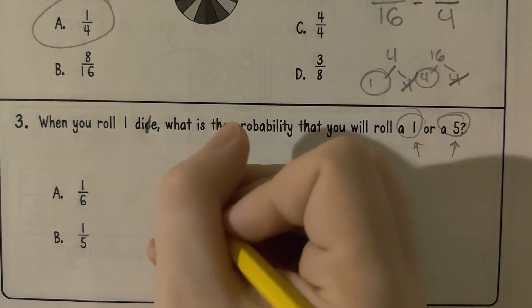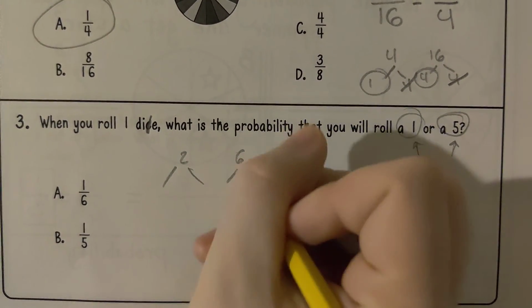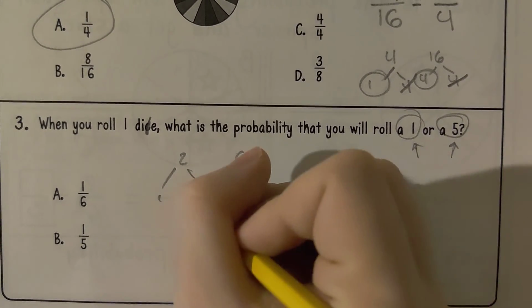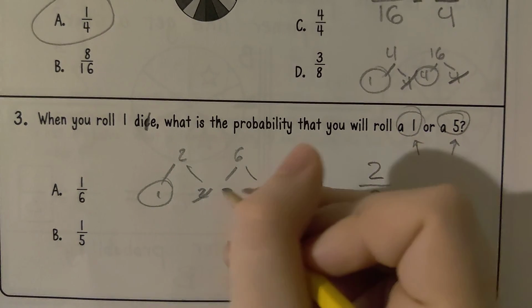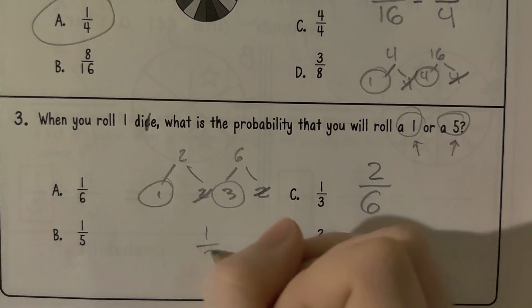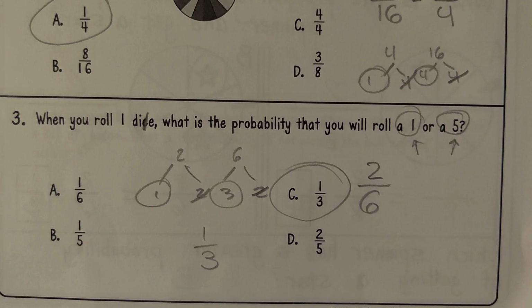And you can do it again if you want. 2 and 6. This can go away, and you can't simplify anymore. So you just have the 1 and the 3. So you get 1/3, which is our answer.